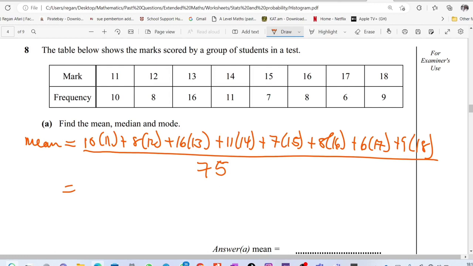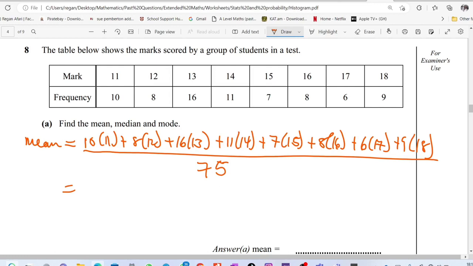Sure, 75. Okay, so we have 10 into 11 plus 8 into 12 plus 16 into 13 plus 11 into 14 plus 7 into 15 plus 8 into 16 plus 6 into 17 plus 9 into 18.